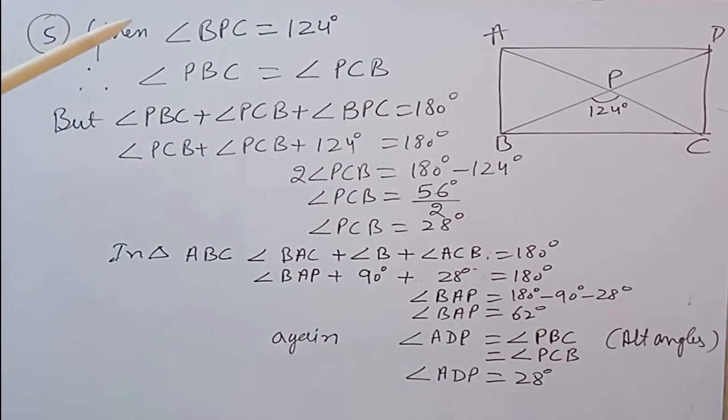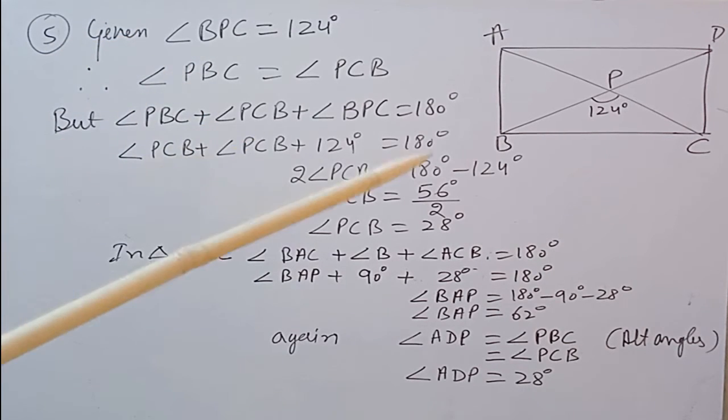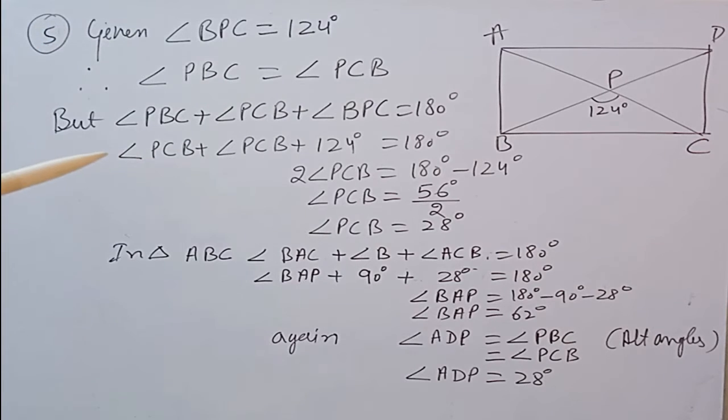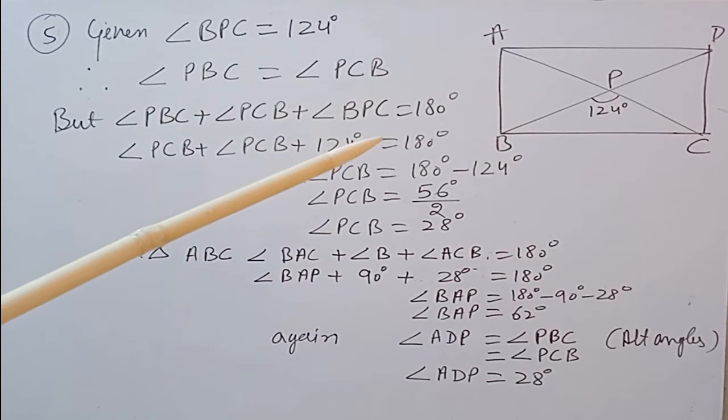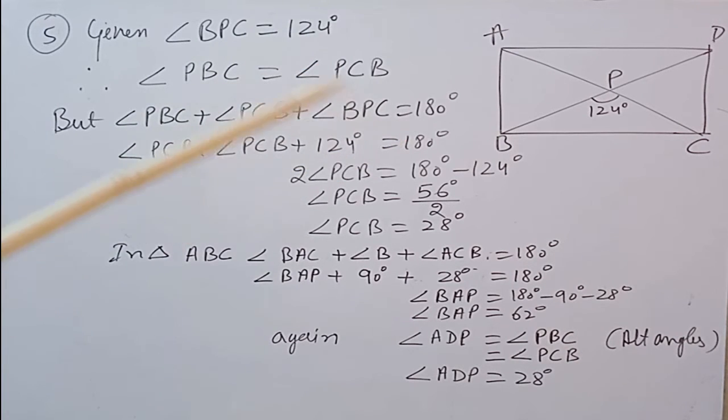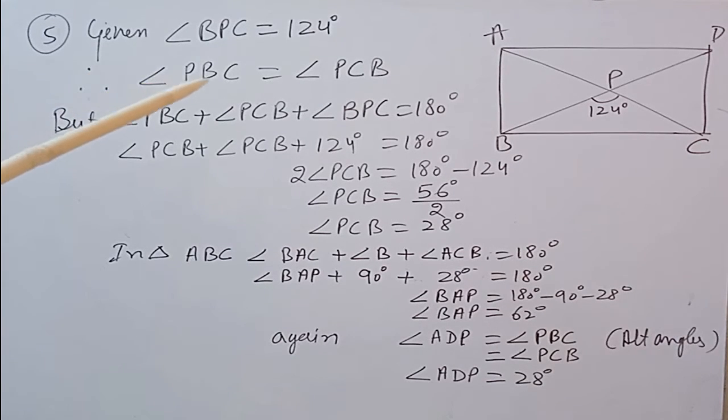Angle BPC is 124 degree, and we know in a rectangle diagonals bisect each other, that means PB will equal PC. If PB equal to PC, that means angle PBC will equal angle PCB. That means angle PBC equal to angle PCB.